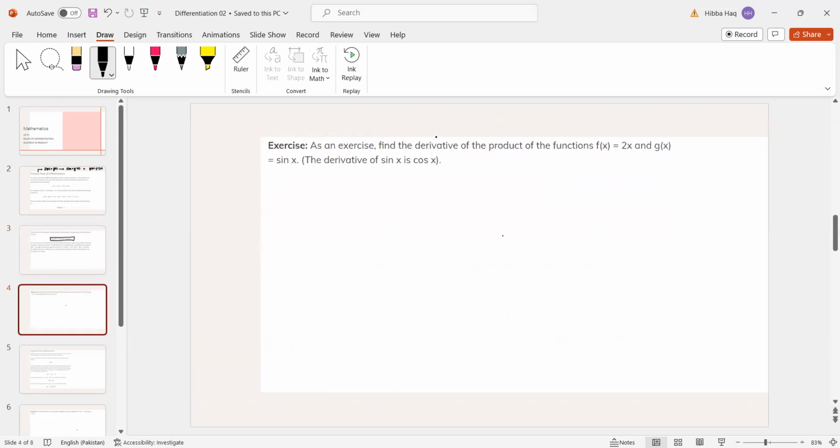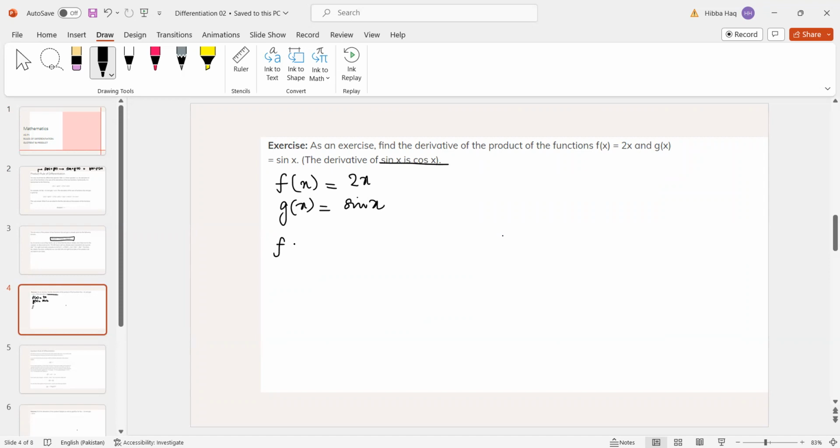If you have a question that says you have to find the derivative of the product of the functions f of x is equal to 2x and g of x is equal to sine of x. So your f of x is 2x and g of x is sine x. The derivative of sine x is given, which is cos x.